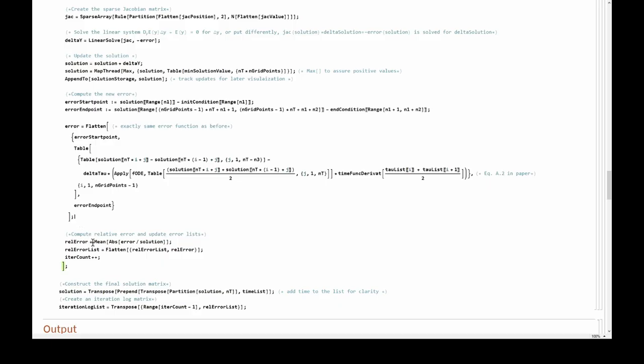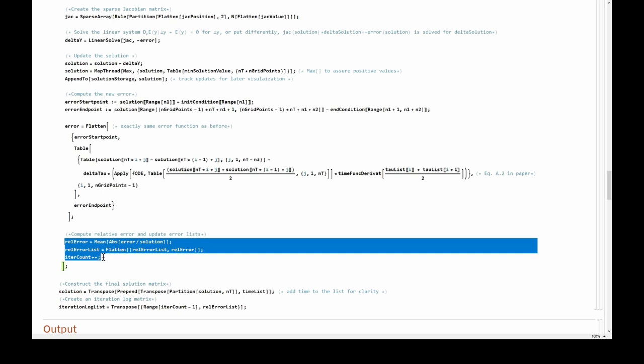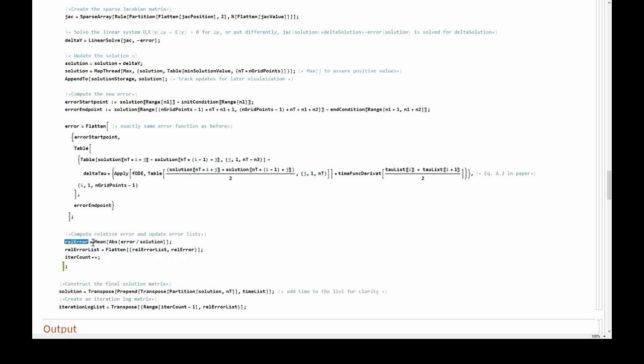And the last bit here is just to calculate the convergence criteria. So the relative error is basically the mean absolute error of each grid point, of each time point, and the mean is just a choice. You could also say we look at the maximum error.